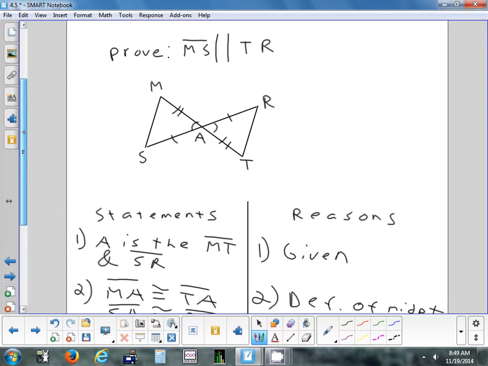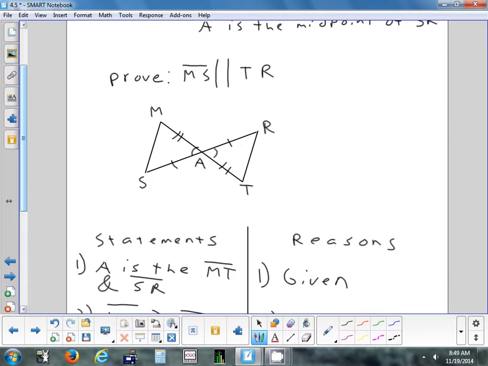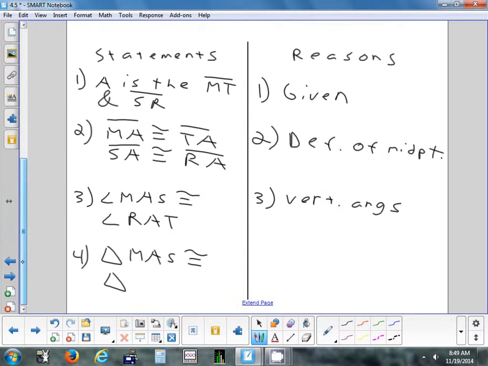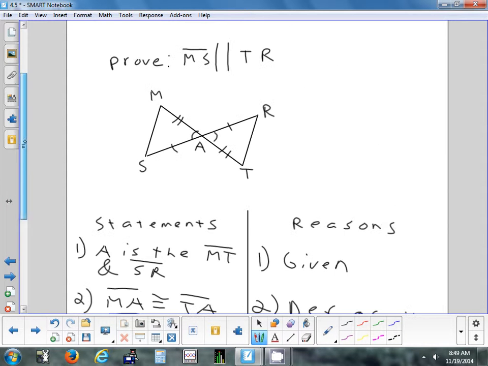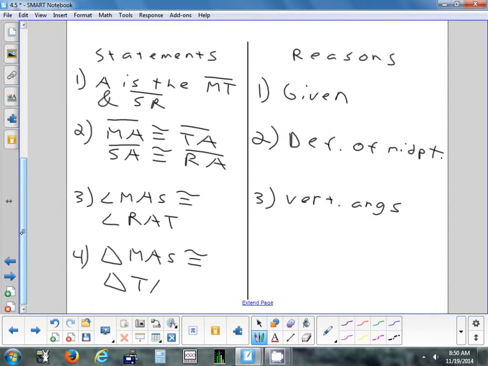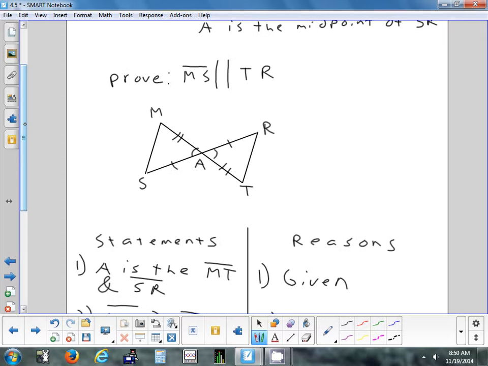Okay, so again, look at M. It's where the 2 and the side that's empty come together. So start with T. And then A. A is the vertical angle on the other side. And then S. S is the side where the empty one and the 1 tick mark come together.